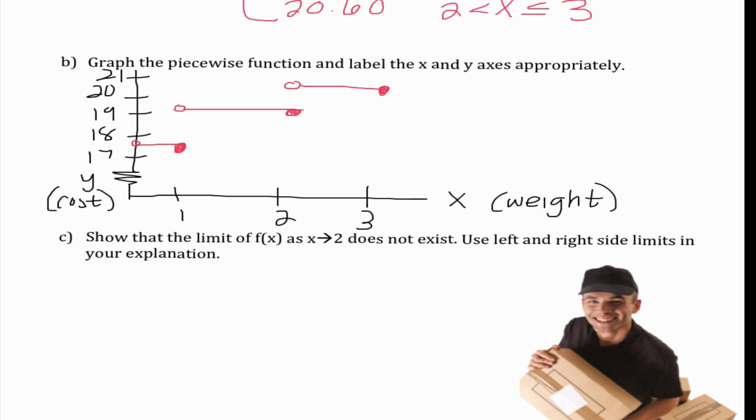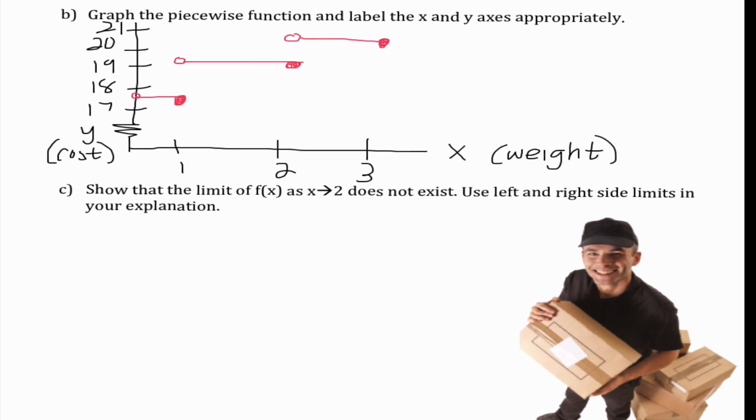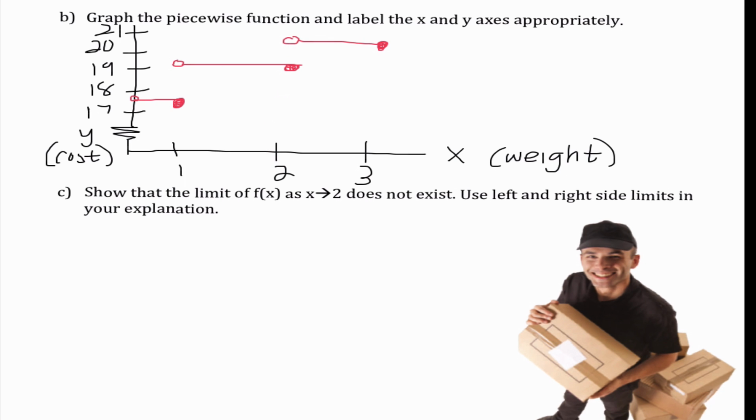Now it says show that the limit of f of x as x approaches 2 does not exist. Use the left and right side limits in your explanation. So I'm going to start by finding the limit as x approaches 2 from the left of f of x. From the left of 2, it appears that our height here is at $19.20.